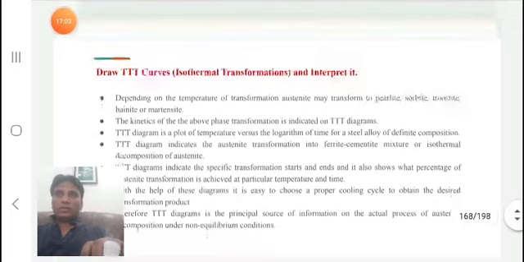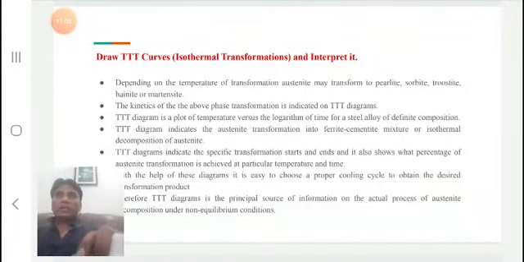So depending on the temperature of transformation, austenite may transform to pearlite, sorbite, troostite, and bainite or martensite. So TTT diagram is a plot of temperature versus the logarithm of time for steel, alloy or definite composition.